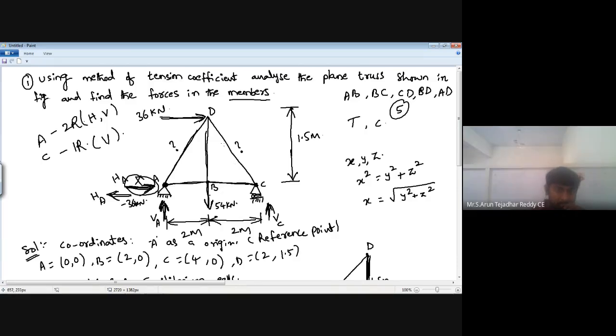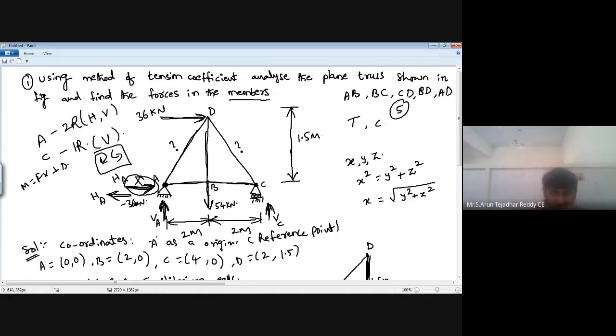And don't forget about moment. Moment formula is force into perpendicular distance, and moment is always moving clockwise or anti-clockwise. You can check these directions.